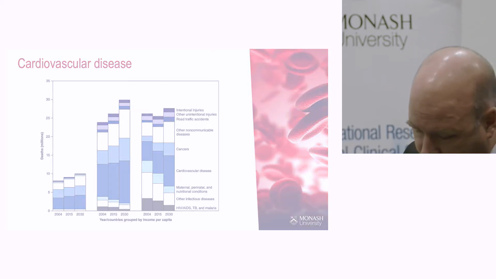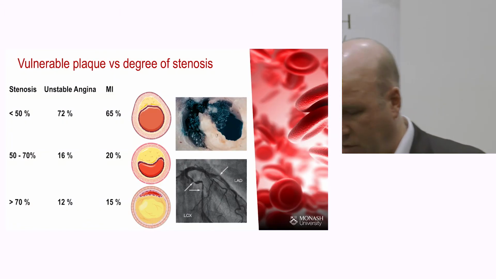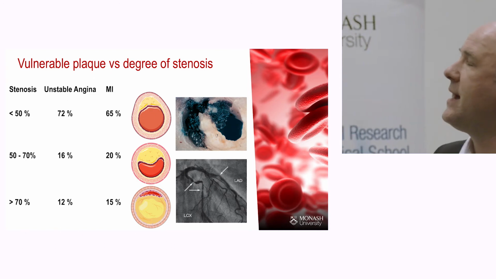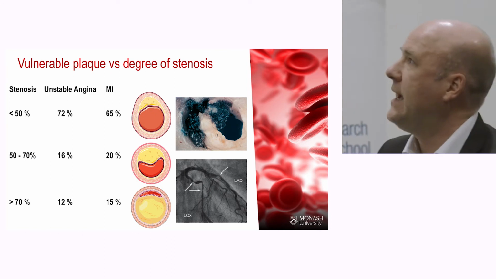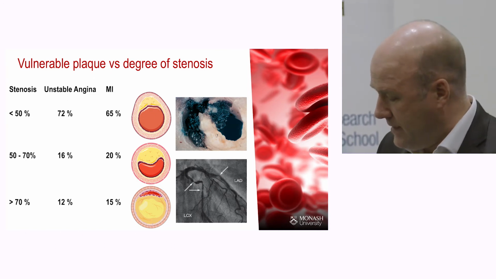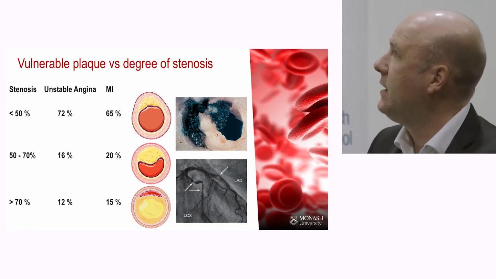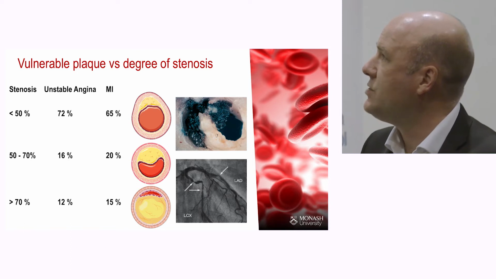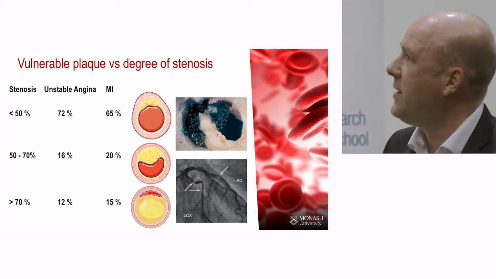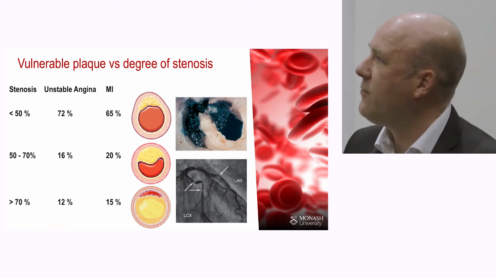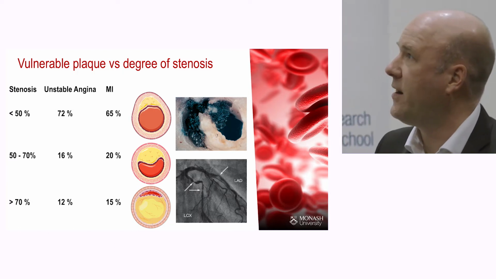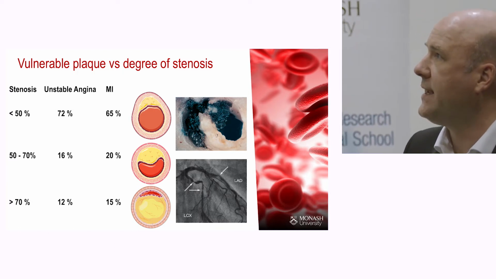So from the diagnostic point of view, what's important is that unstable plaques cause myocardial infarctions and strokes. And it's really a nasty disease in a way, because the plaques you can usually see on an angiogram when you inject contrast are plaques which are highly stenotic, and they're really responsible for only a low number of myocardial infarctions or angina.